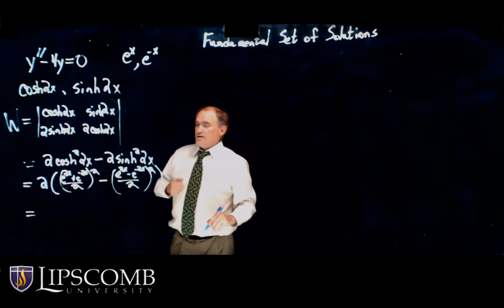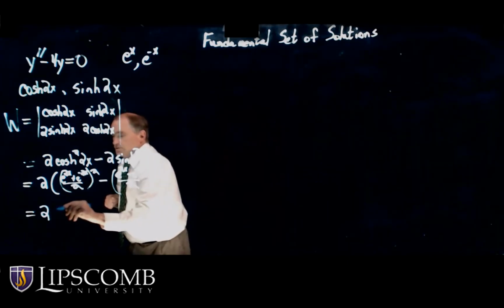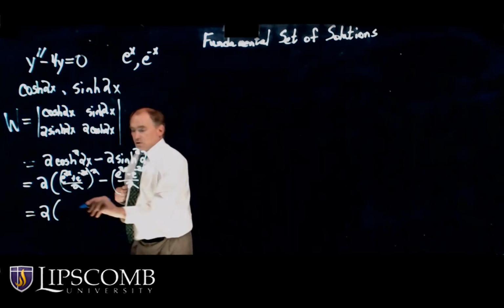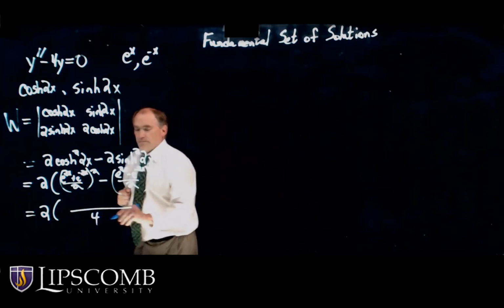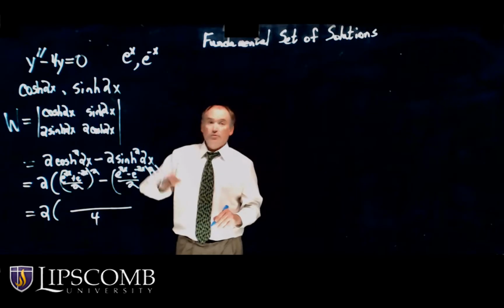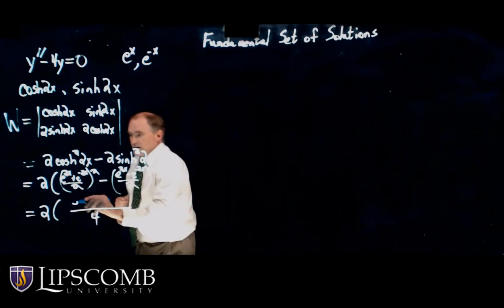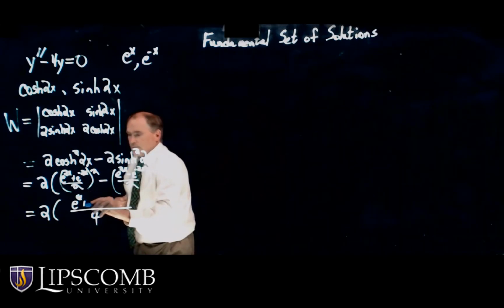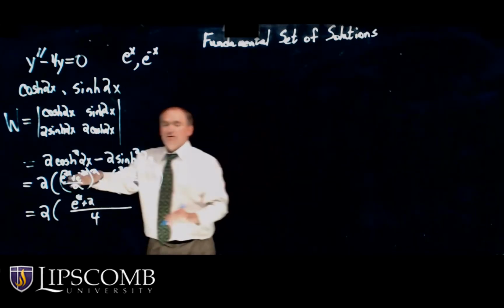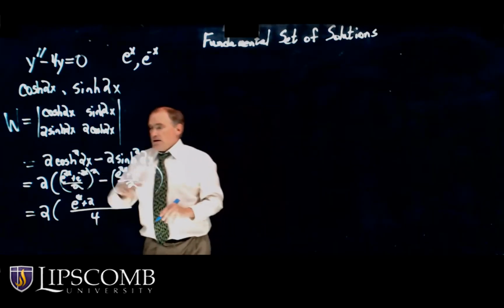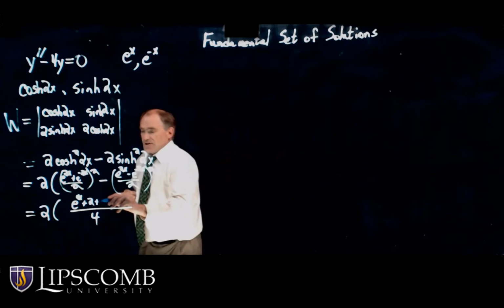So let's write this out. This would be 2 times, so let's square, I've got everything over 4, because 2 squared there, 2 squared there, so that's 4 in the denominator. So this would be e to the 4x plus 2, because e to the 2x times e to the minus 2x is 1, plus e to the minus 4x.